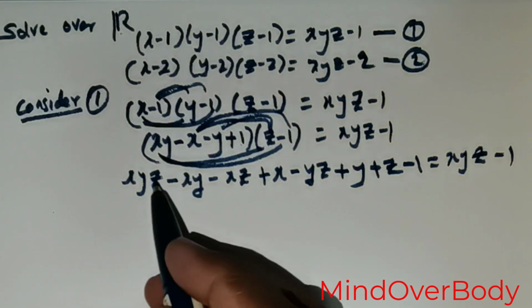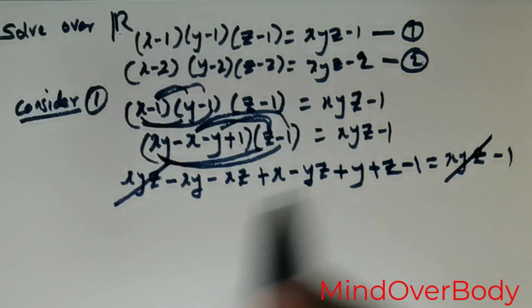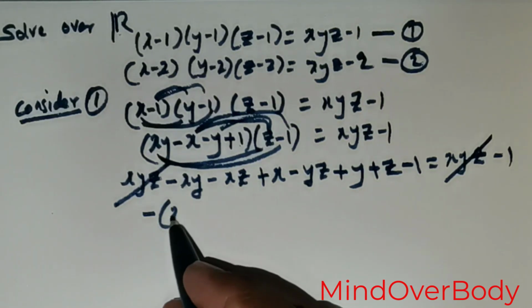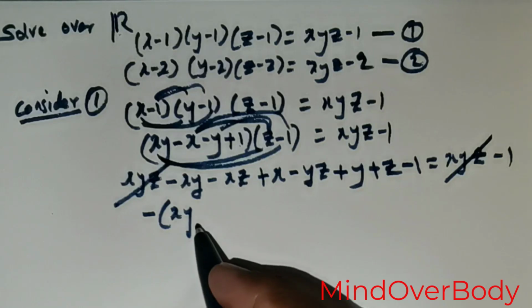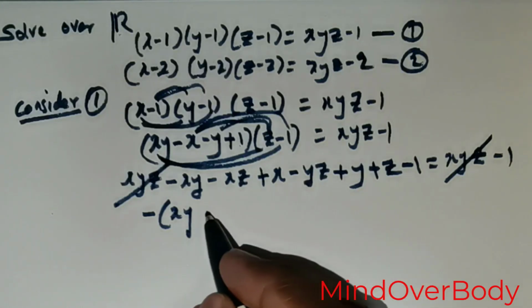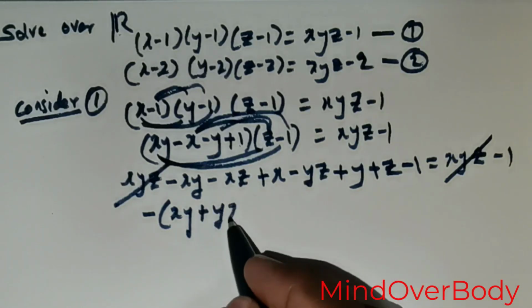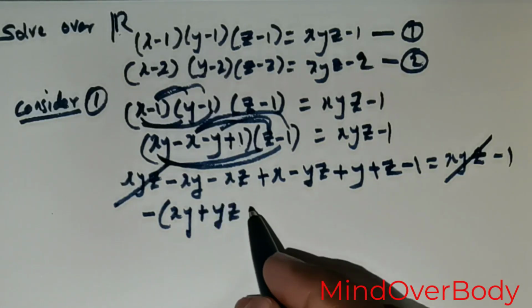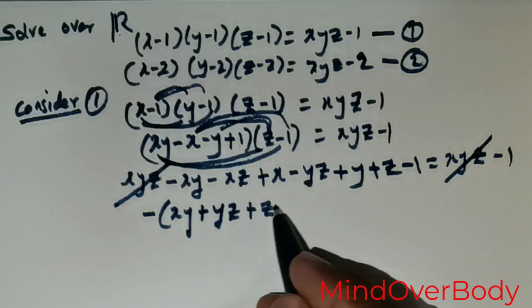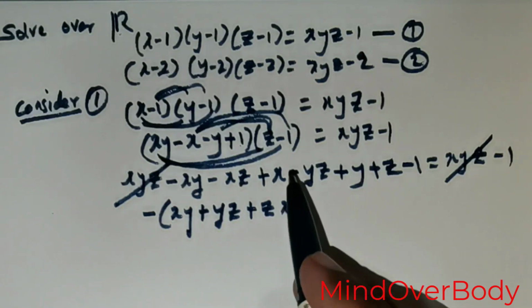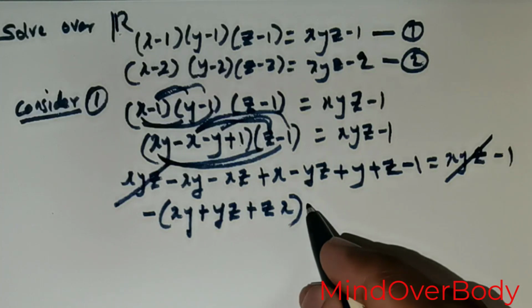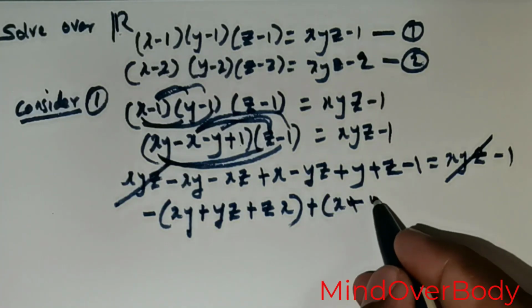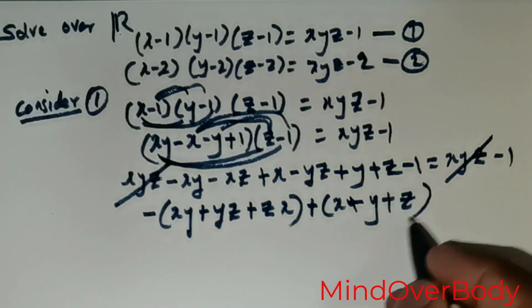Now clearly xyz and xyz can be cancelled. I take a negative sign out, so this is going to give me xy, then yz, and then zx. Then I have x plus y plus z.